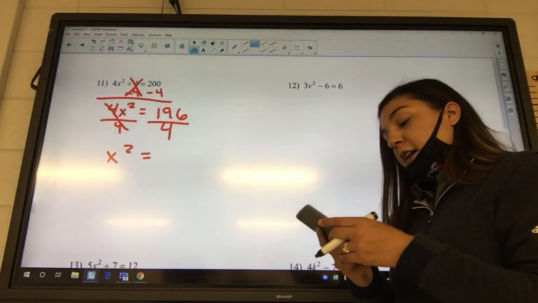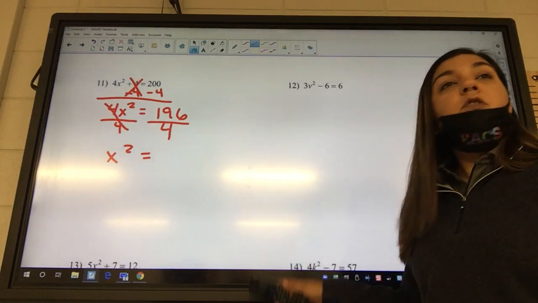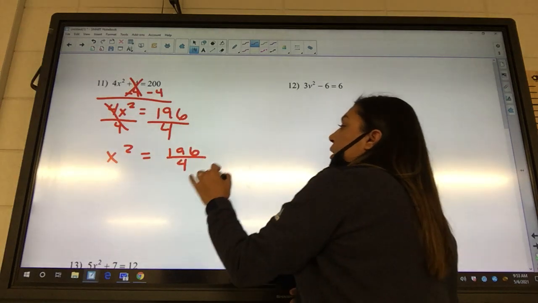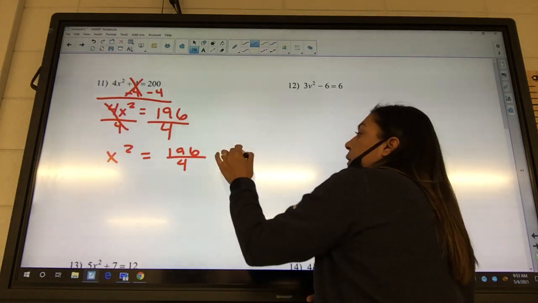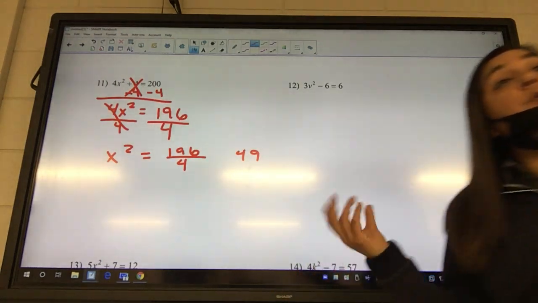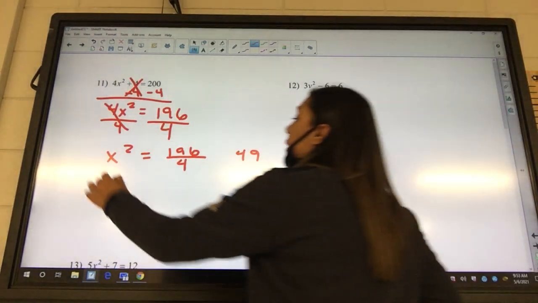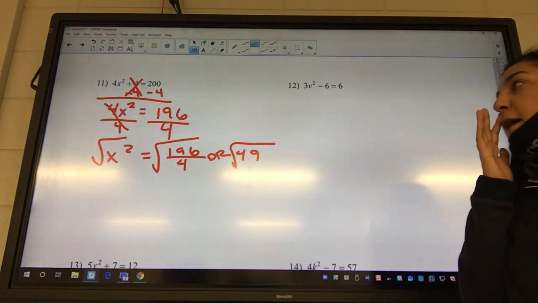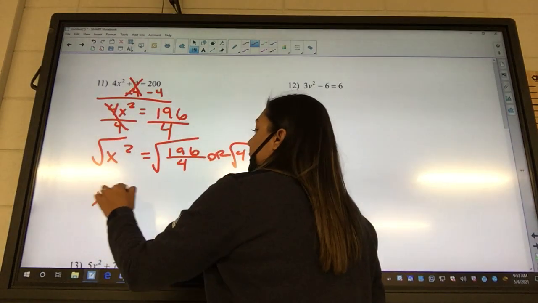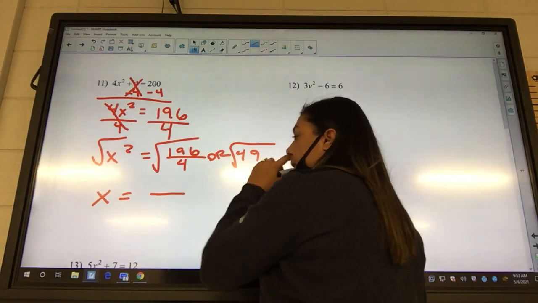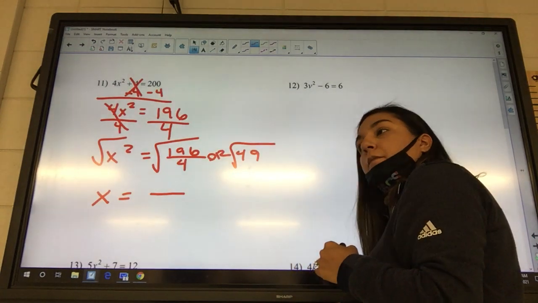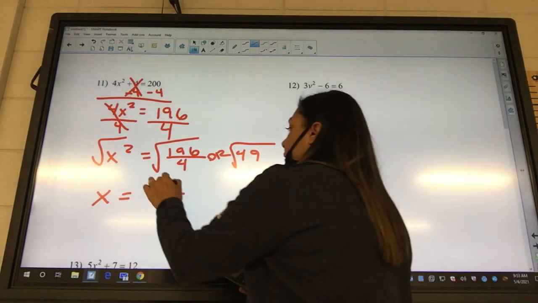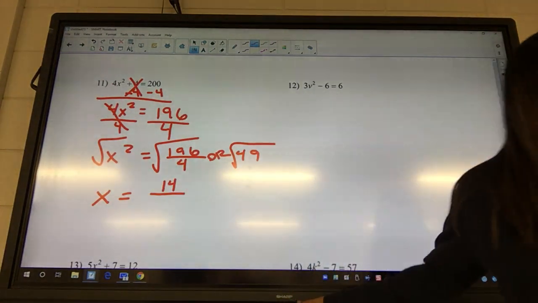Okay, there's two options. You can either leave it like this, or if you had typed it in on your calculator, you should have gotten 49. Either way, you're ready to square root. So I'm going to put an or right here. What is the square root of 196? 14.